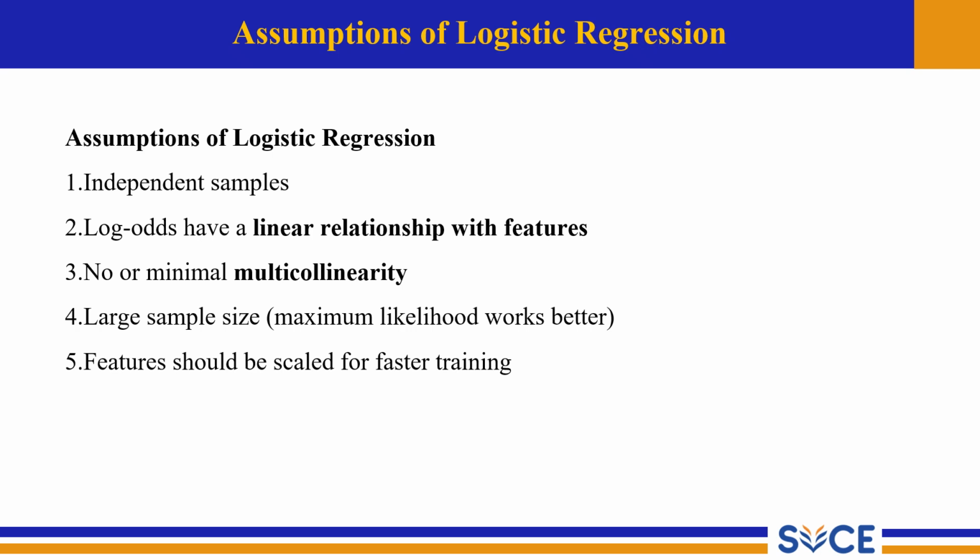Logistic regression uses maximum likelihood estimation, which performs much better with large datasets. Small datasets can lead to inaccurate or unstable estimates. Fifth one is feature scaling. Scaling the features is not mathematically required, but it greatly improves the speed and stability of gradient descent during training. These assumptions ensure that logistic regression works efficiently and produces trustworthy predictions.